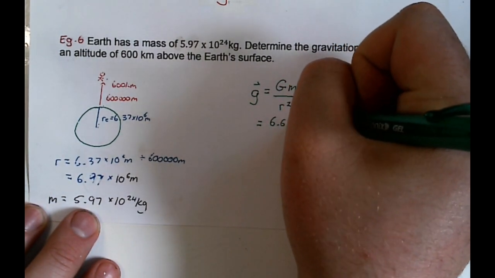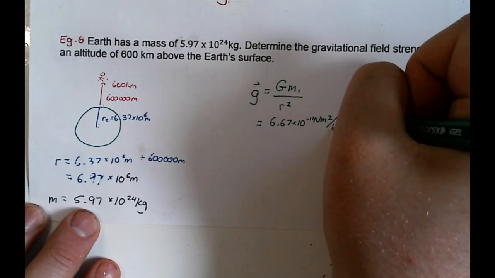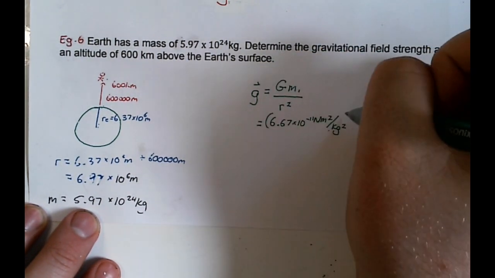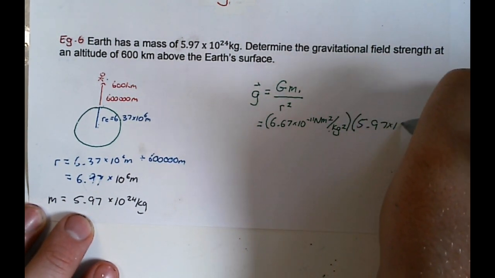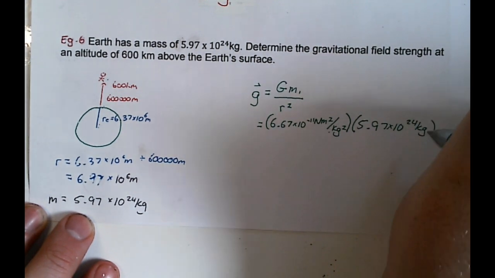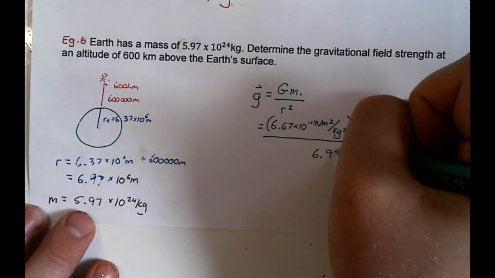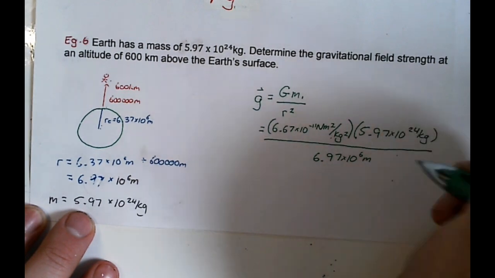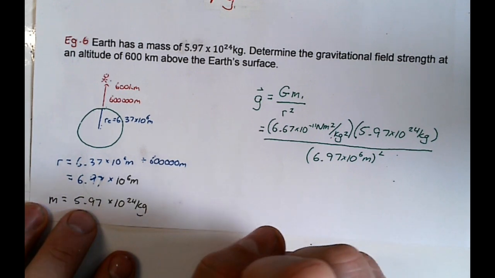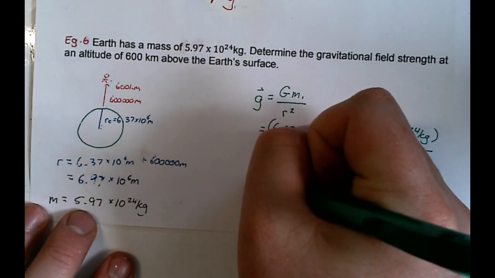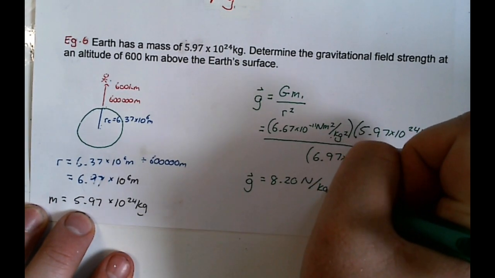So you have 6.67 times 10 to the negative 11 newton meters squared per kilogram squared, times the mass, 5.97 times 10 to the 24 kilograms, divided by the distance, 6.97 times 10 to the 6 meters squared. When you plug that in and solve, you're going to get a gravitational field strength of 8.20 newtons per kilogram.